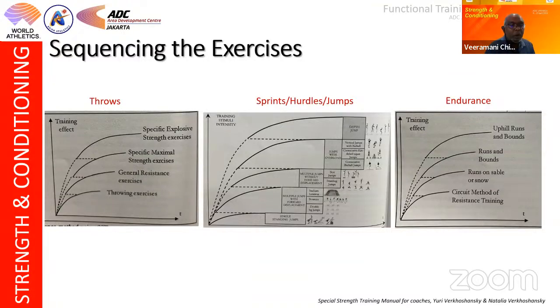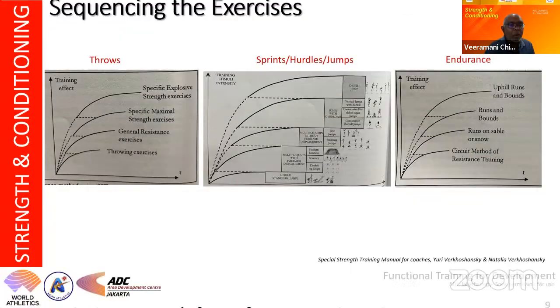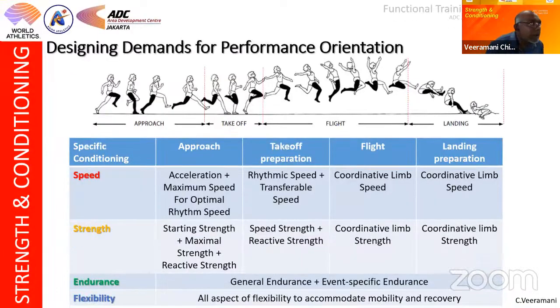Next comes what we call putting them into perspective of how we want to see. In designing demands for performance orientation, okay, again, we take the different conditions of our event. We have approach, takeoff preparation, flight, landing preparation.